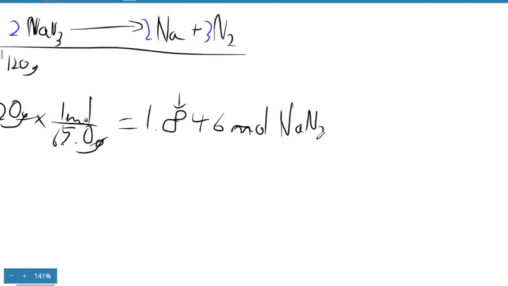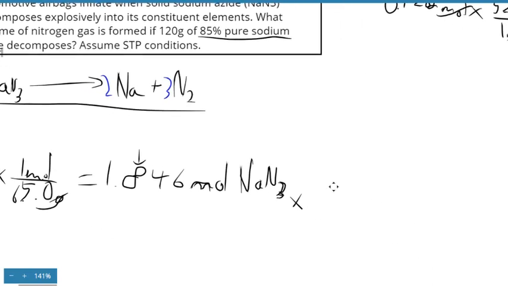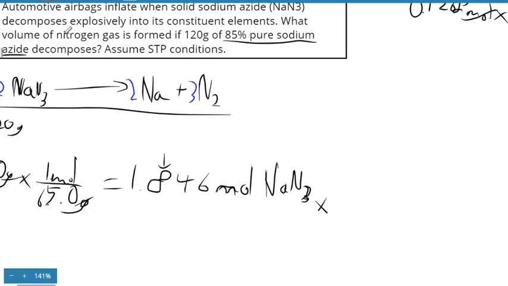Well, to find the actual moles of pure sodium azide that reacted, we need to multiply this by 85% over 100%. So that's just 0.85. Multiply this by 0.85.